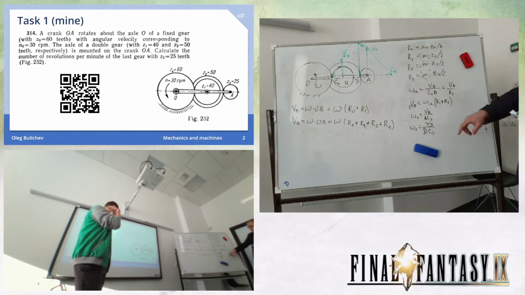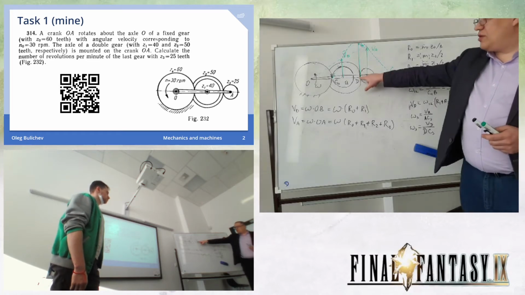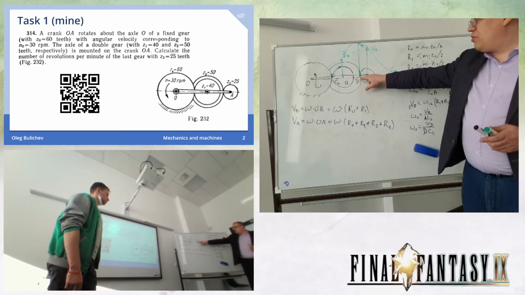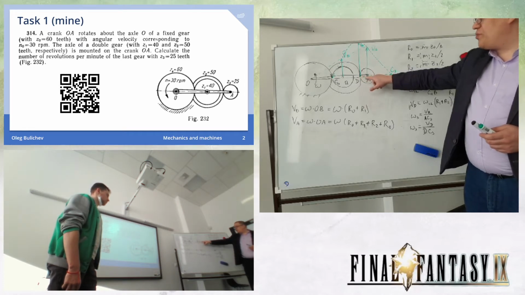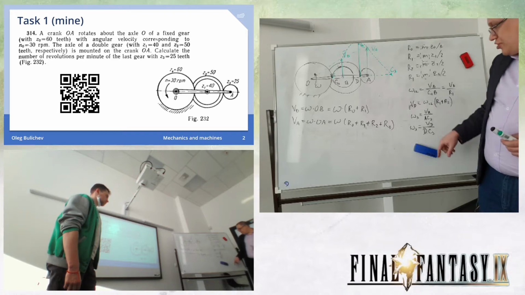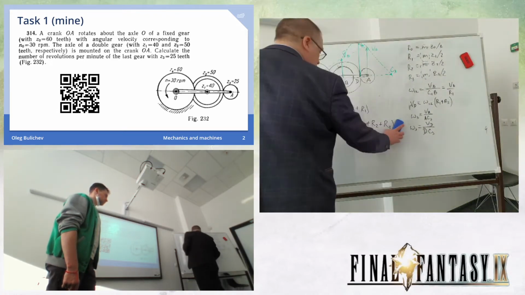We must get the point velocity and divide it by the distance between the point and the instantaneous center of velocities.